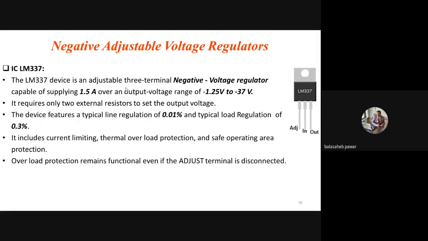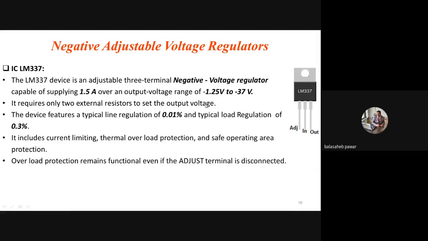Another thing, same as LM317, is that its maximum input voltage is 56 volts. Also, there will be a 2 to 3 volt drop across this voltage regulator IC so that it can provide us the output.